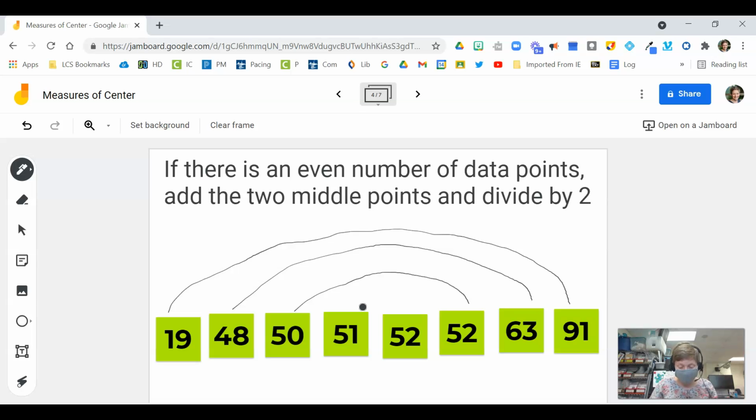When I add 51 plus 52, I get a sum of 103. And then I'm going to divide that by 2. So I'll do 103 divided by 2. I get 51 and 5/10. So that would be my median of the data without Mr. Jones' piece of data in there, 51 and 5/10.